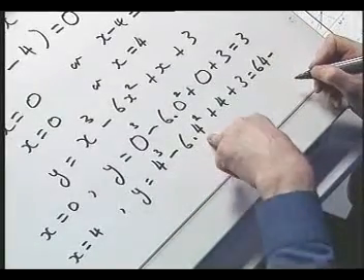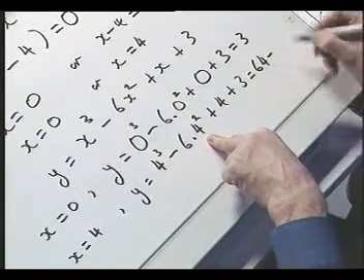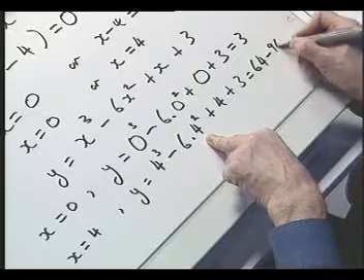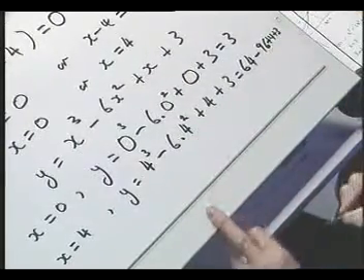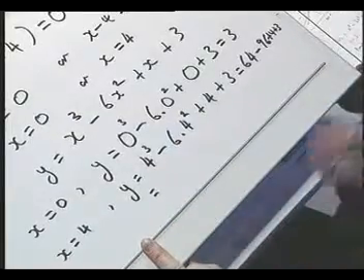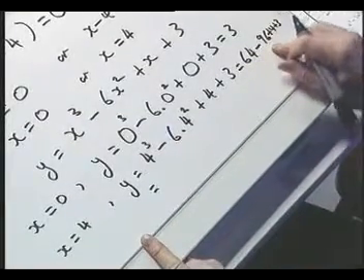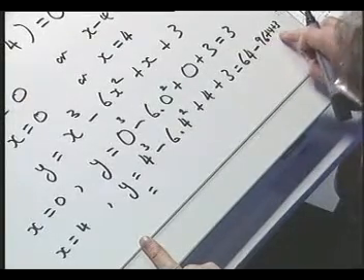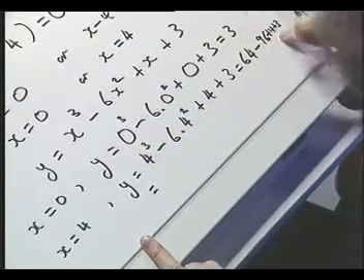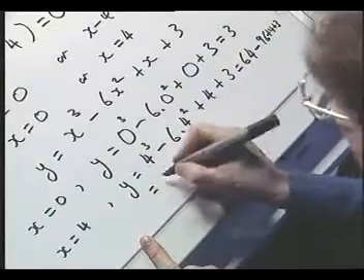Take away, now we've got 6 times by 16, and so that's 96, plus 4 plus 3 equals, now 64 take away 96 is minus 32, and then we're adding on another 7, so that's minus 25.